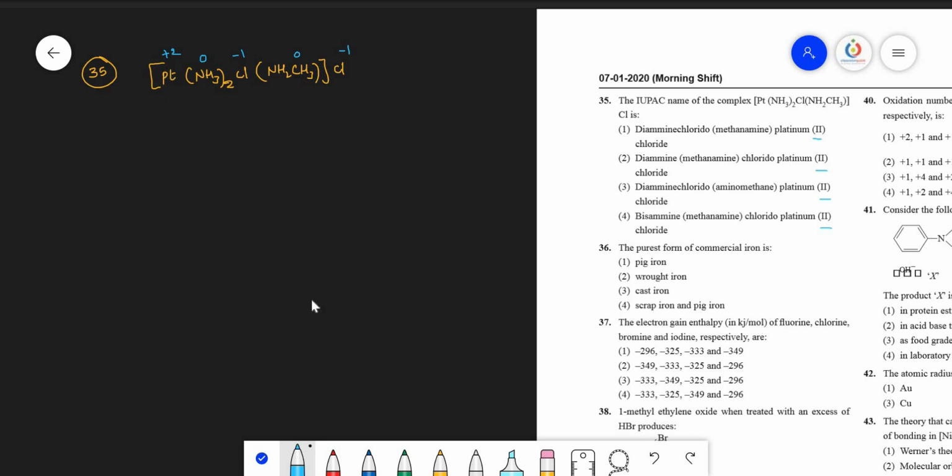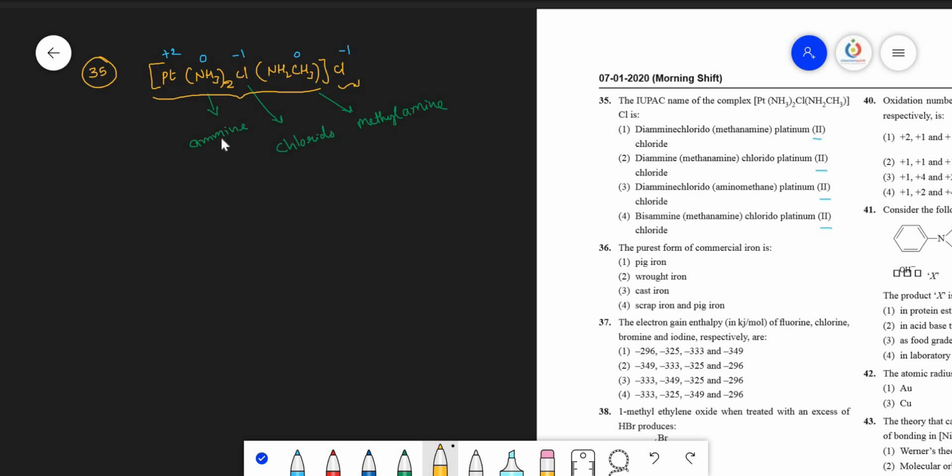The second thing to be noticed here is that the name of NH3 is ammine, and this is chlorido. This is methylamine. And this is the counter ion; in this particular one, the first is the cation and the second is the anion. So we need to give the name of the cation first, followed by the anion.